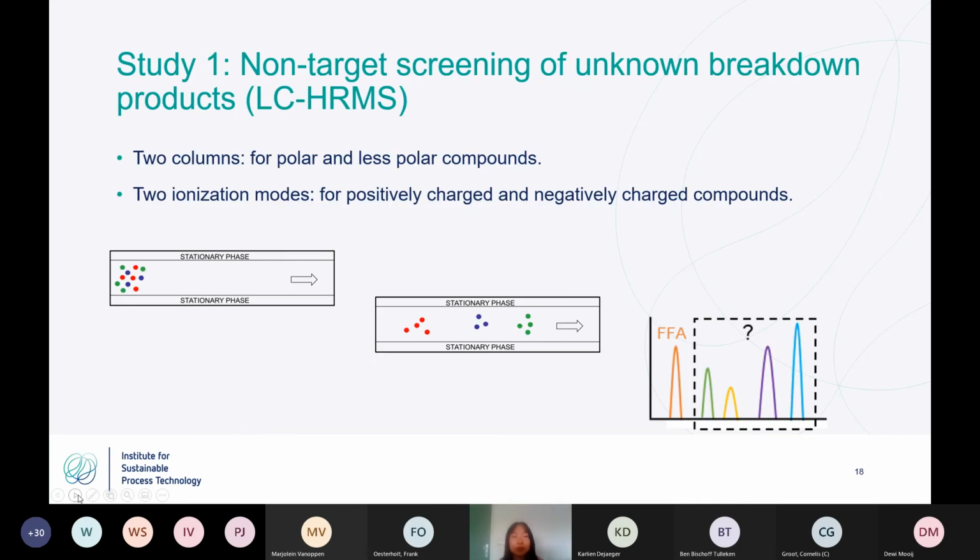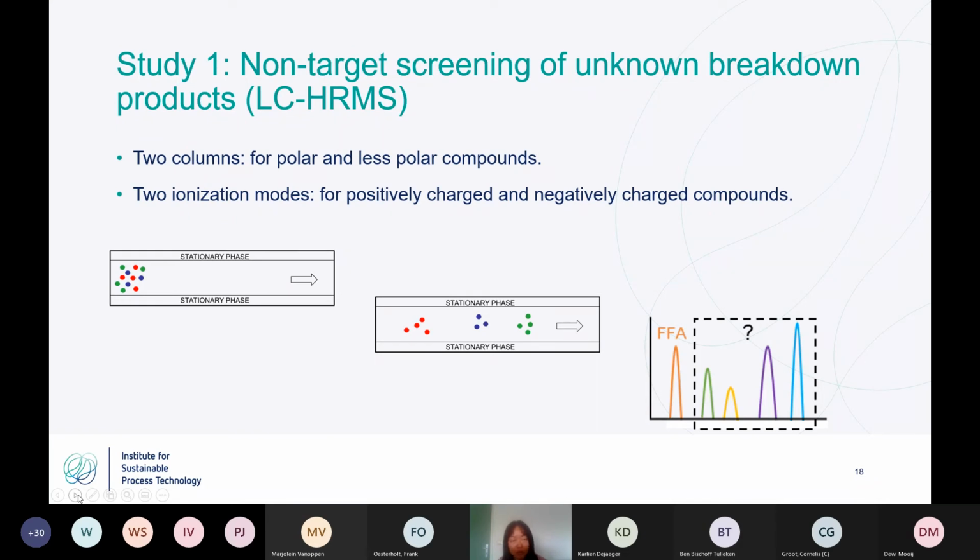And to analyze the unknown breakdown products, we developed a non-target screening method based on this LC-MS. We used two columns to cover polar and less polar compounds, and also two ionization modes to cover positively charged and negatively charged compounds. Both of these are to cover as many compounds as possible from the samples to have a larger overview. And from the graph below, you can see the basic idea of this method.